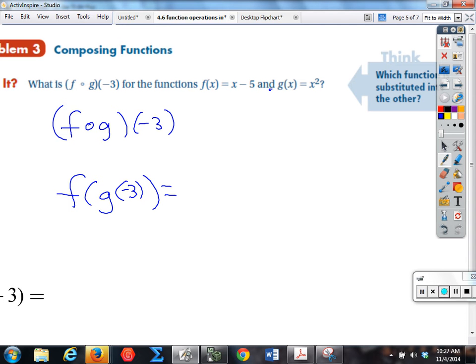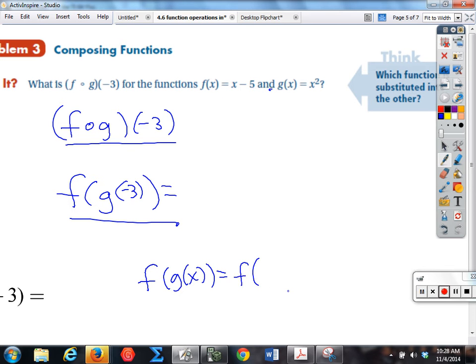I prefer to realize that this is this, plug it into this. Could someone tell me, what is f of g of x in terms of x? F of, what is g of x? X squared. What's f of x squared? Here's f of x.